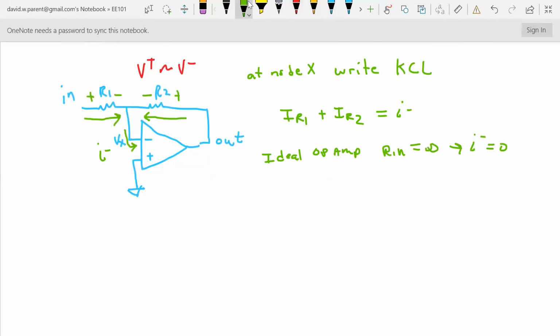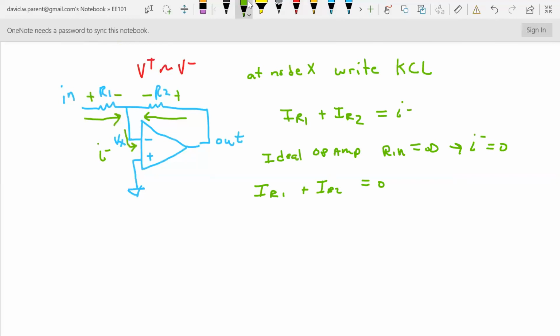So now we have IR1 plus IR2 equals 0. That's how we get rid of that. And so many times this becomes second nature that we'll even forget that there's a current when you're doing the nodal analysis that is set to 0. We just don't even bother writing it at some point.